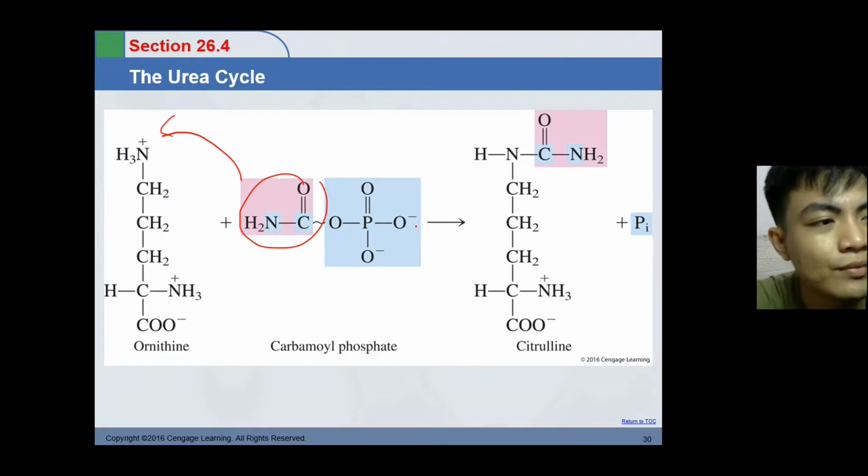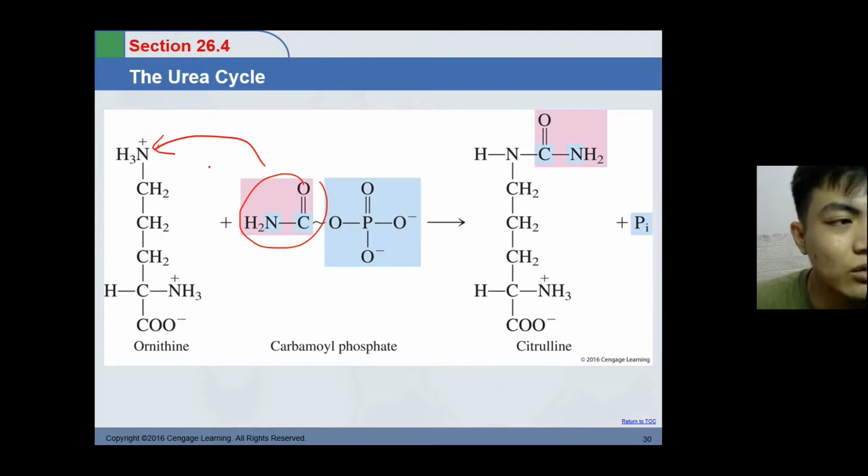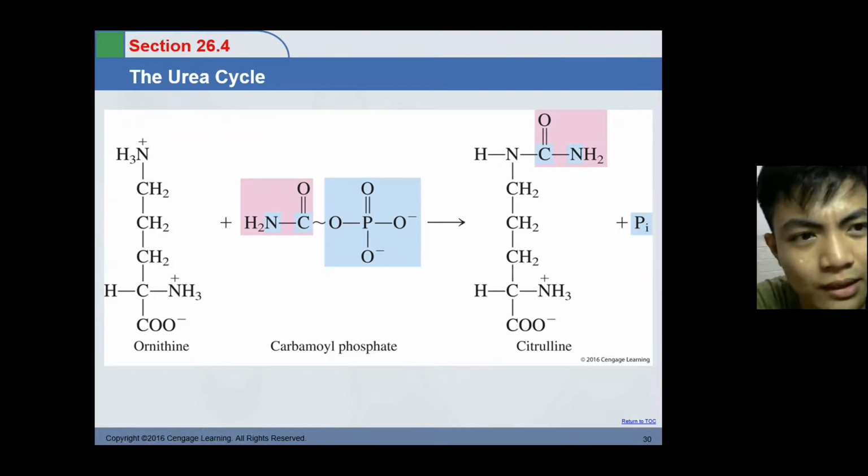Okay? So yun. Medyo kakaiba yung activation step niya kasi ang alam natin kapag activation, phosphate yung kumakabit. Pero in our case, amide group yung kakabit. Okay? So the amide group of your carbamoyl phosphate will get attached to the ornithine producing citrulline.